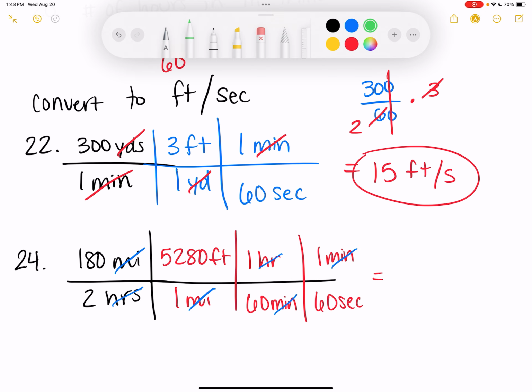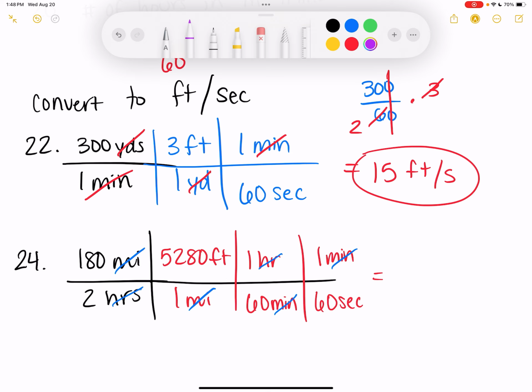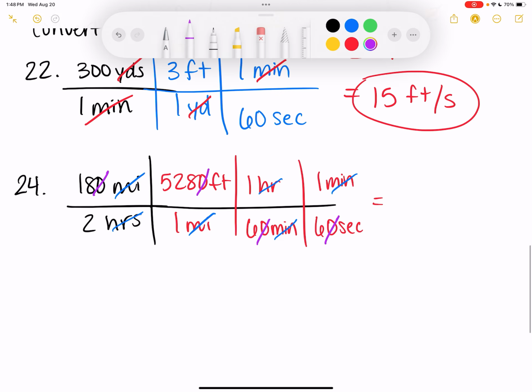Now, I'm going to cancel out my zeros here, so I have a 0 here and a 0 here, 1 here and 1 here, so that I can reduce that down a little bit. So basically right now I have 18 times 5,000, or not 5,000, 528 divided by 2 times 6 times 6.